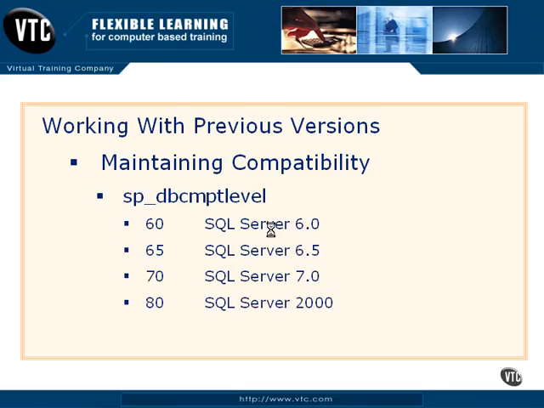Here's where it starts to break down. 8.0 or 80 means that the compatibility level is SQL Server 2000, and then 90 of course means SQL Server 2005. So this is a way for you to basically tell SQL Server 2005 what to expect and who it's playing with and how to get along. So that's a real quick overview on how to deal with some of the previous versions, how to do upgrades, and how to coexist in the SQL Server 2005 world.